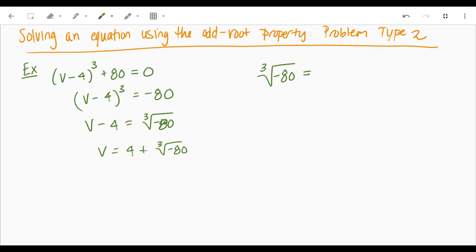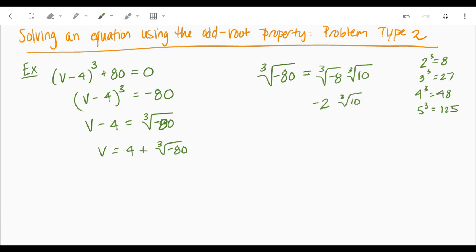Okay, so again, your perfect cubes. 2 cubed is 8, 3 cubed is 27, 4 cubed is 64, 5 cubed is 125. They're probably not going to go beyond that. Okay, so we can split this up into the cube root of negative 8, cube root of 10. And like I said, we can cube root negatives. So the cube root of negative 8 is negative 2.